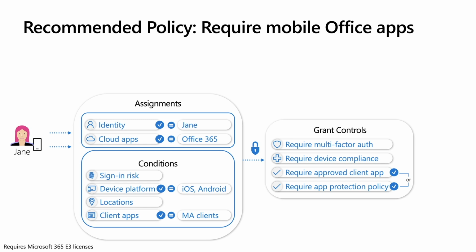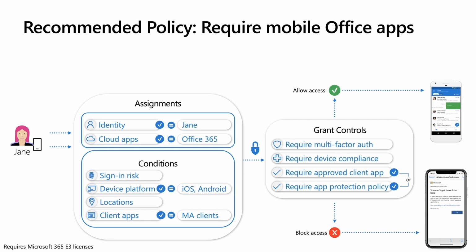So for example, if Jane is attempting to access her email and utilizes Outlook for iOS and Android, Outlook for iOS and Android supports the require app protection policy grant access control. So what that means is policy must be delivered to the app before an OAuth token can be generated. Assuming that happens, Jane will then be able to access her data within Outlook Mobile.